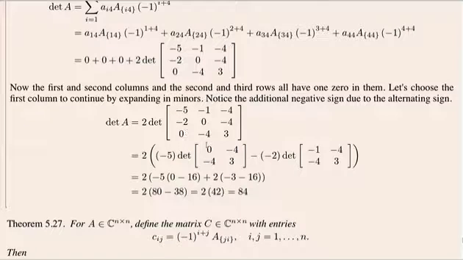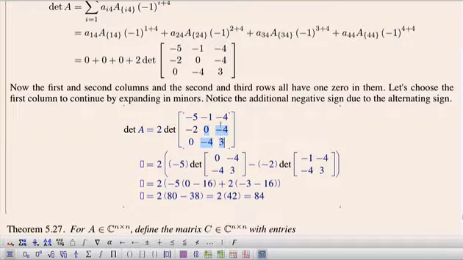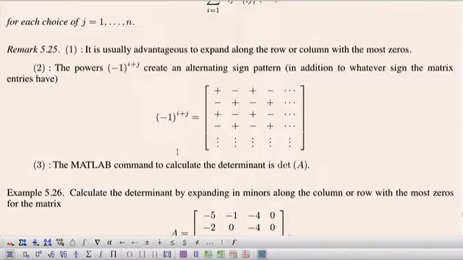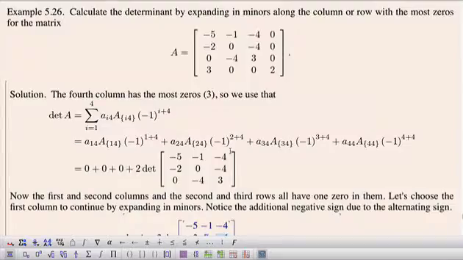We are choosing the first column, so we have -5, and then cover the first row and first column to get this 4, -4, -4, 3 matrix if we delete the row and column of -5. Then expanding along the first column, we start with positive alternating sign, and then the next one is negative.